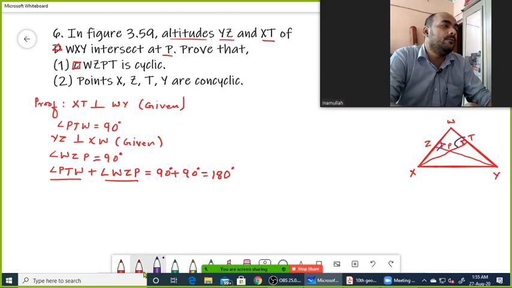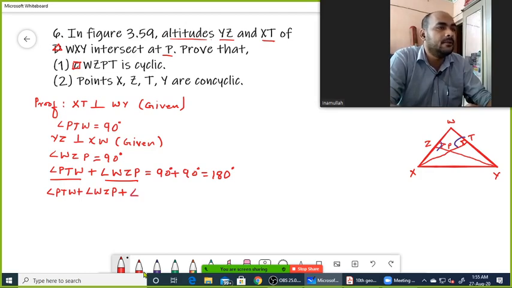Now I can say angle PTW plus angle WZP plus angle ZWT plus angle ZPT is 360.